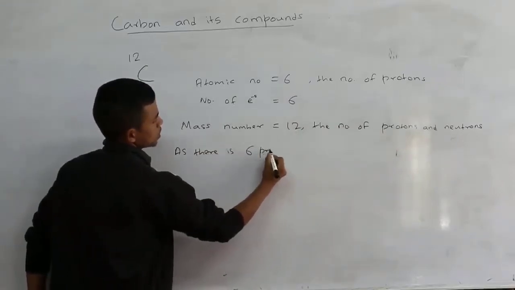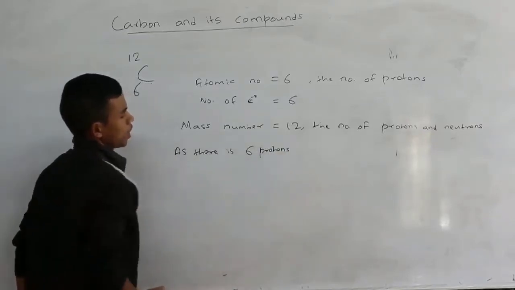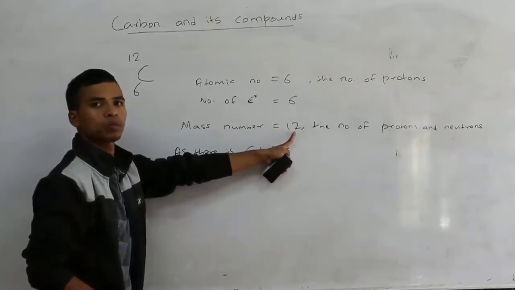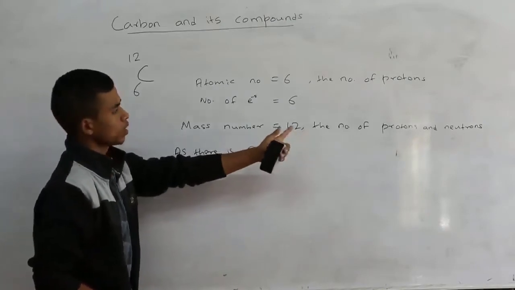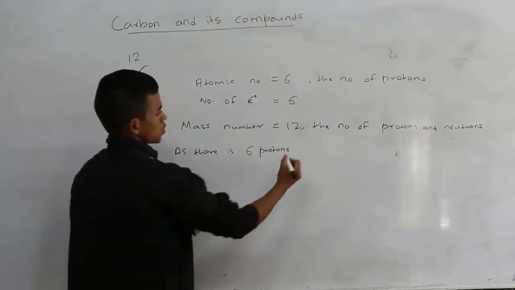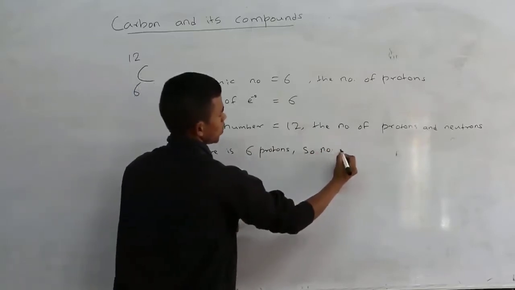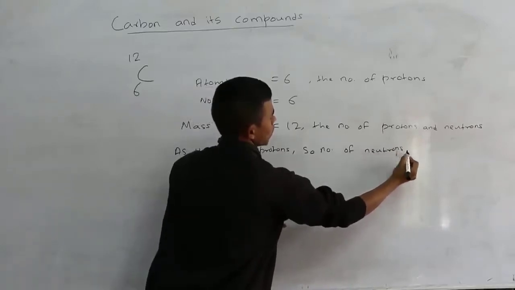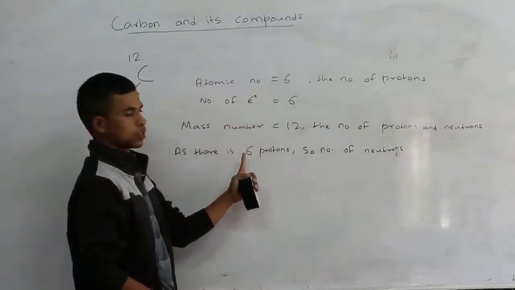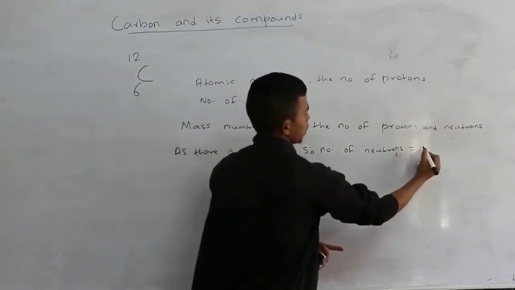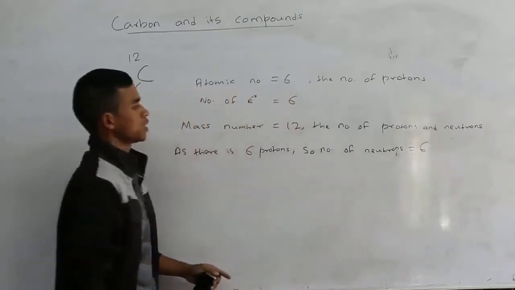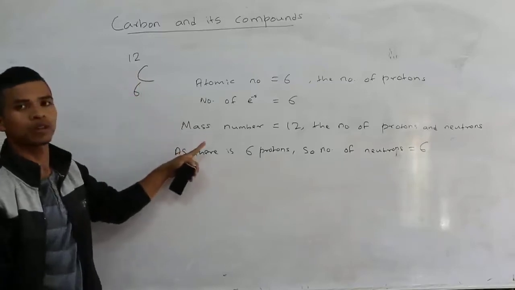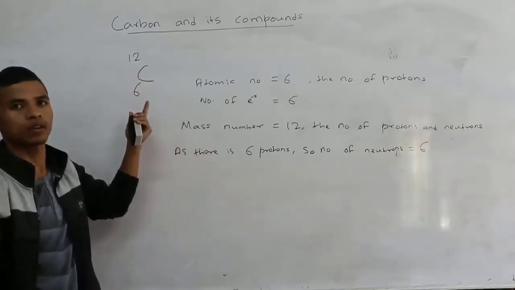So carbon has 6 protons, 6 neutrons and 6 electrons.